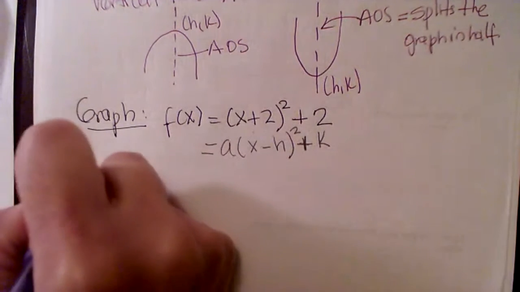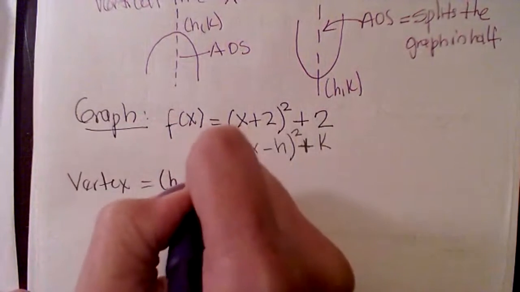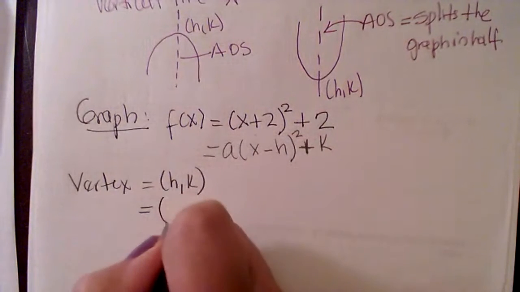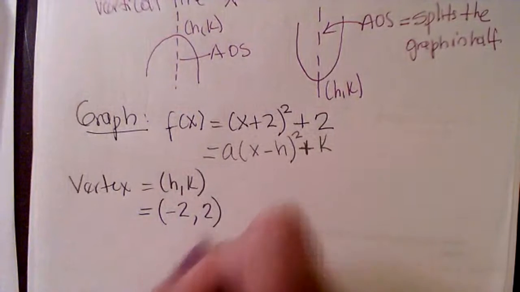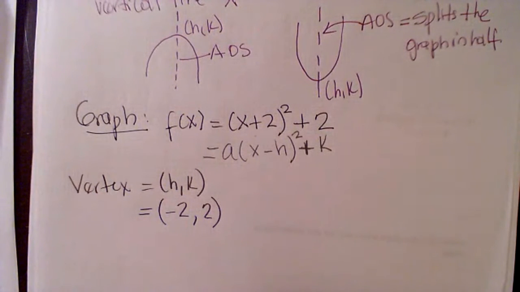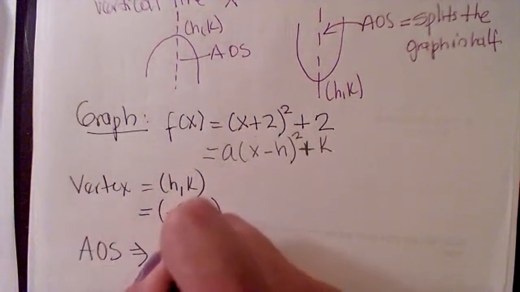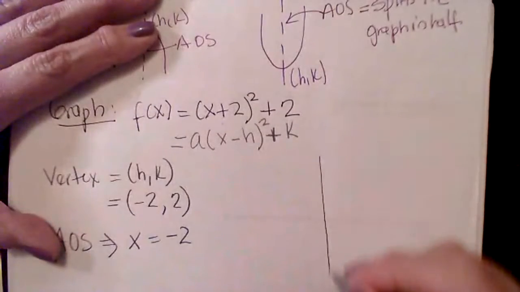So my vertex equals h comma k. So what is h? Negative 2. And what is k? 2. And the axis of symmetry is x equals negative 2.